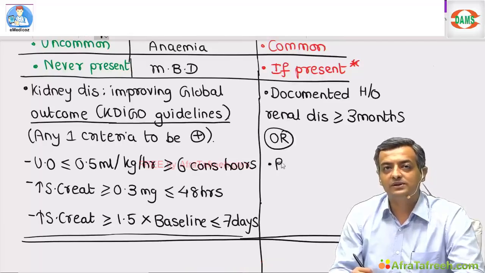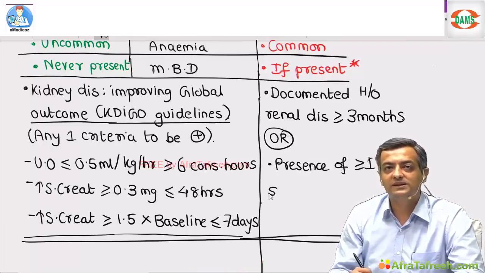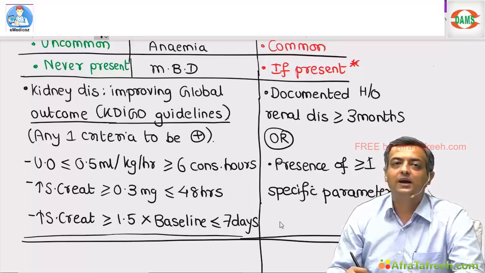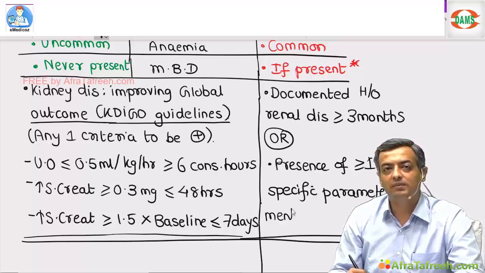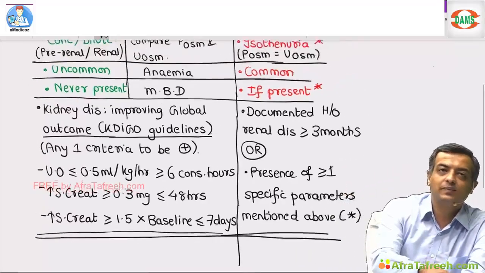The alternative is the presence of one or more of the specific parameters mentioned above in the table, those with the asterisk mark.